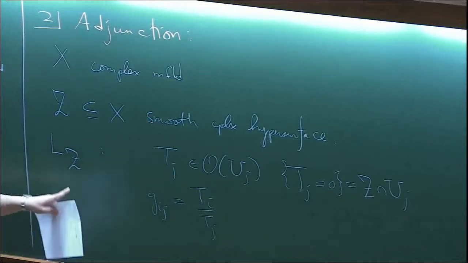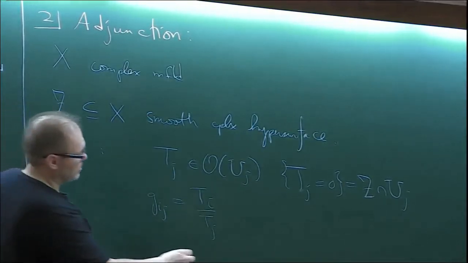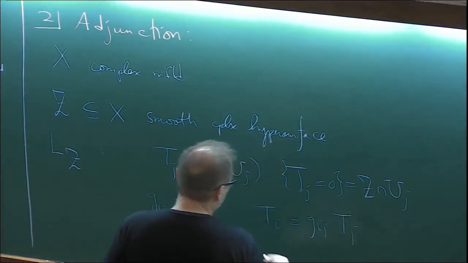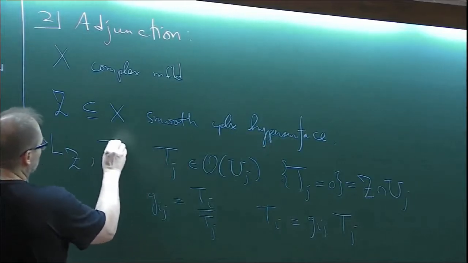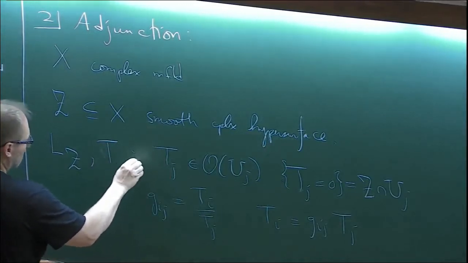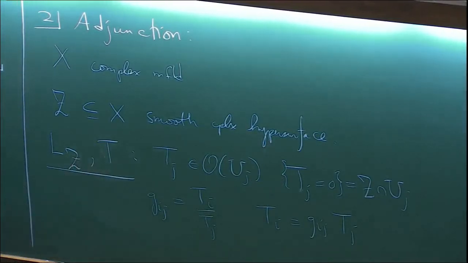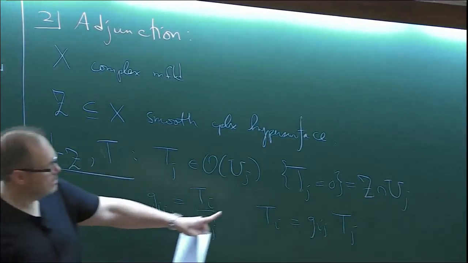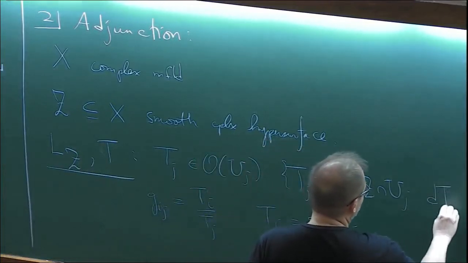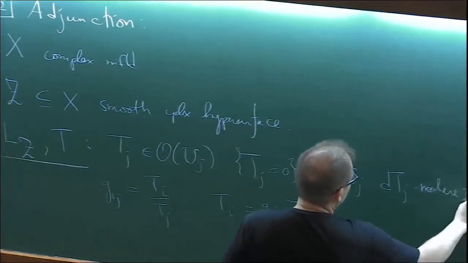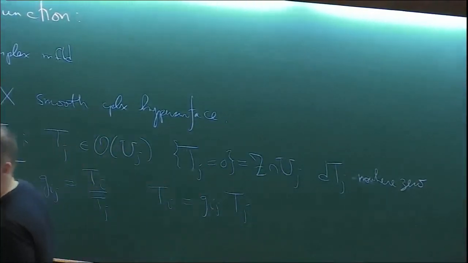Once you have those transition functions, you can define a line bundle, but also if you write this as Ti equals Gij Tj, then you get a holomorphic section T along with this. And this holomorphic section has the additional nice property that the zero locus counting multiplicity is exactly Z. Here you have to assume that dTj is nowhere zero, and you can do that because it's a smooth manifold. It's just the implicit function theorem, basically.